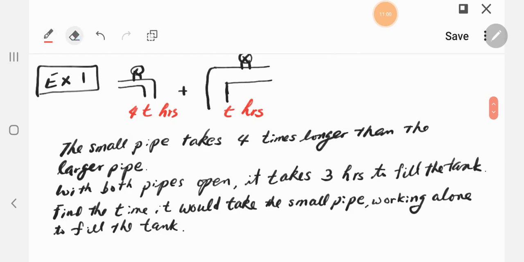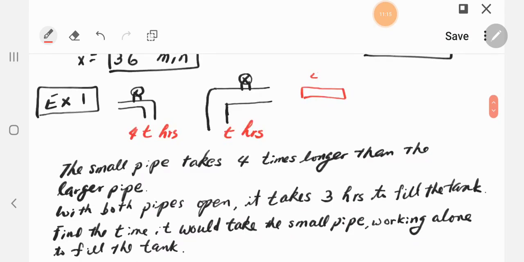So why don't we draw a little rectangle? Okay, the little rectangle is this. So this one takes 40 hours, so divide this one into 40 pieces.